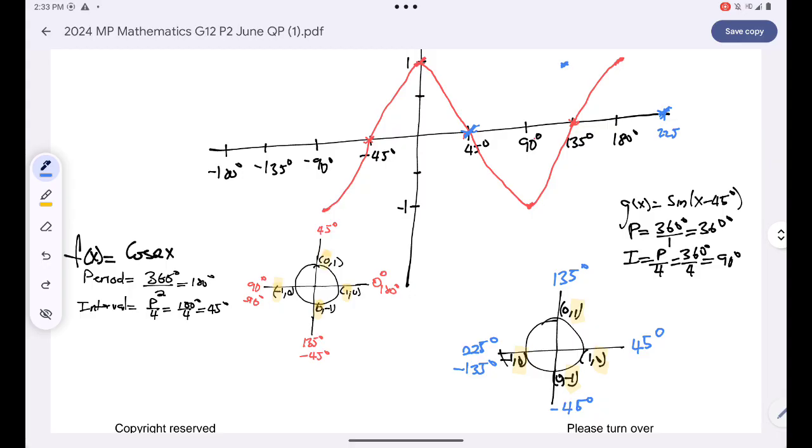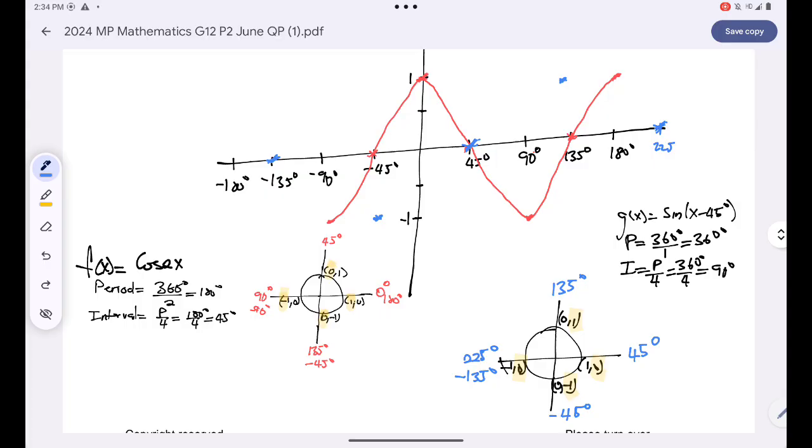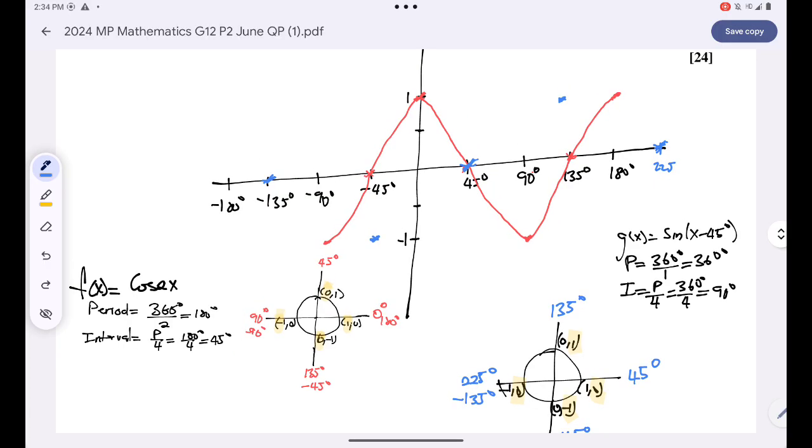When I go to negative 45, the value of y is just negative 1. And then when I go to negative 135, the value of y is just 0. All together. Then all I need to do, guys, is just join these coordinates of mine, or these points over there. This would have simply looked like this.